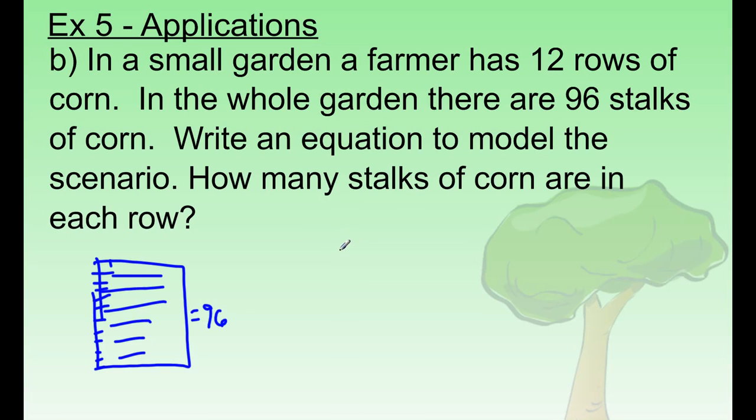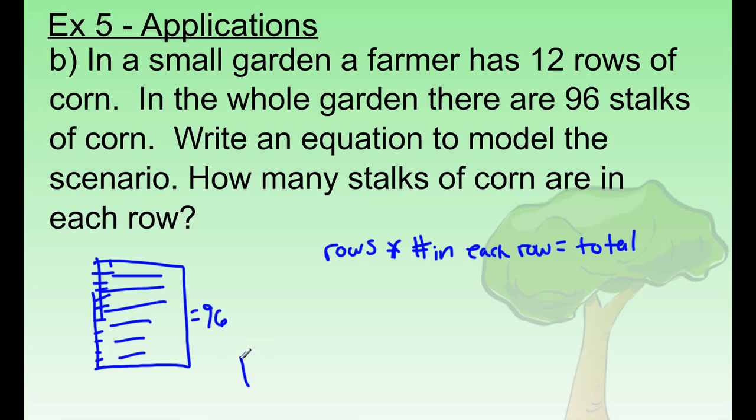If there's the same number of corn in each row, that would mean that if you take the number of rows times how many are in each row, that would give you a total. It's kind of like finding the area of something.